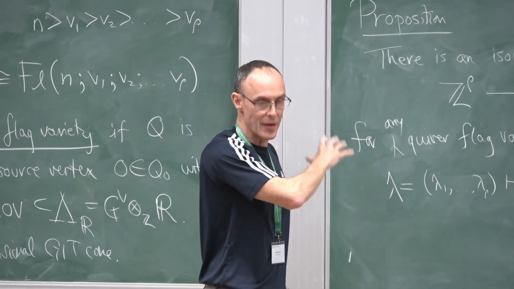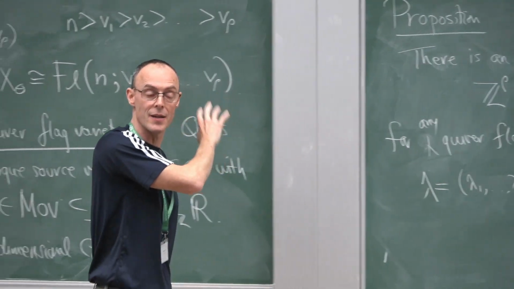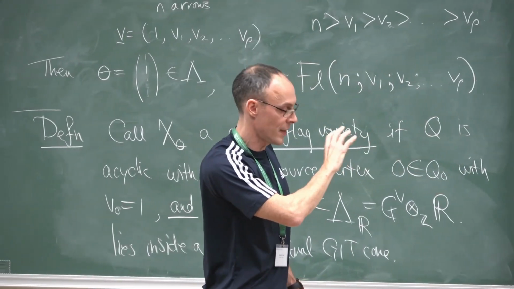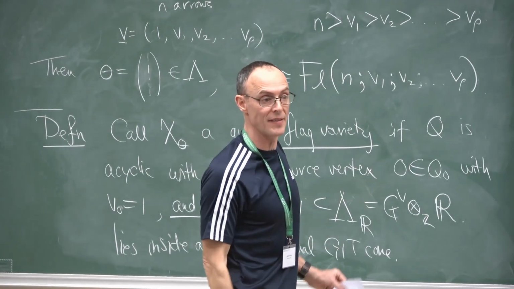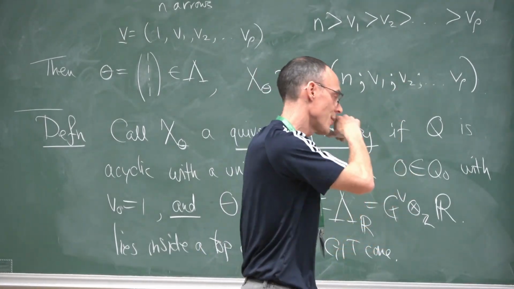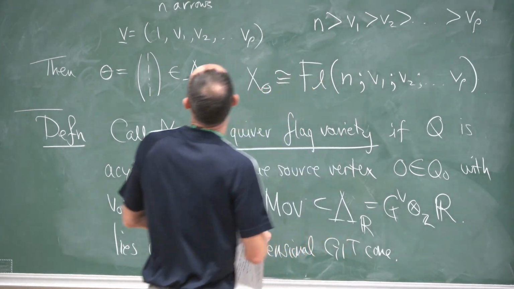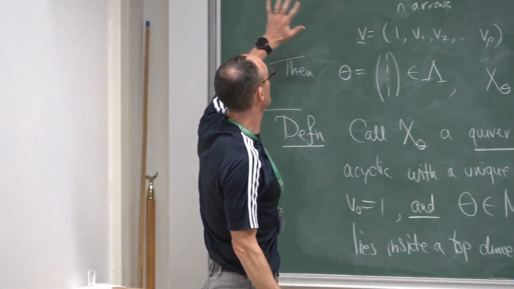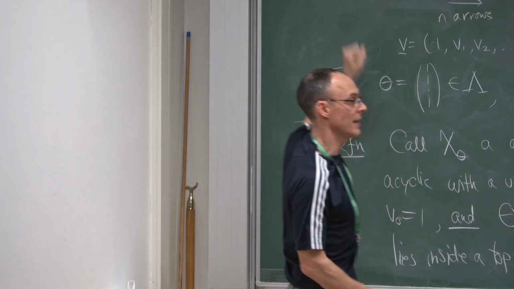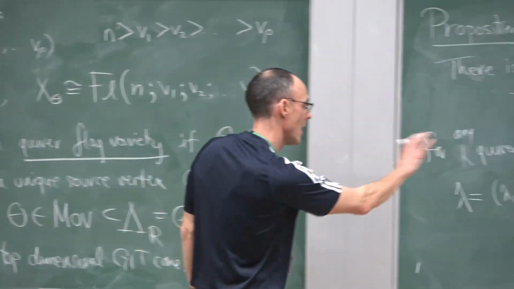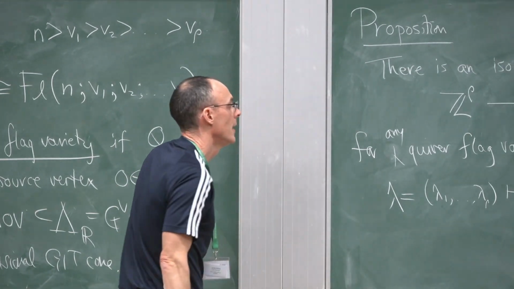Or if you like, the bounded derived category of coherent sheaves on any one of these things is equivalent to the derived category of modules over the endomorphism algebra of that great big direct sum of bundles. This is just generalizing the theorem of Kapranov for the partial flag variety, and also for the Grassmannian. So there's that sort of statement, but this is a weak avatar of that.